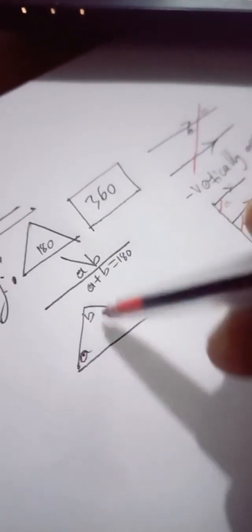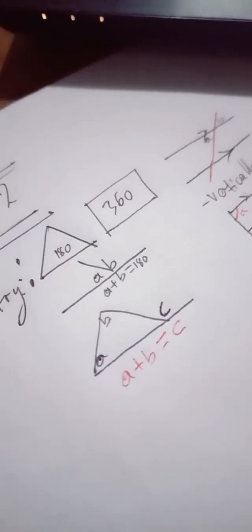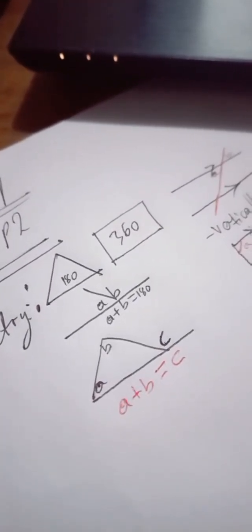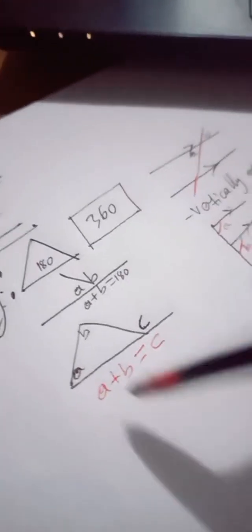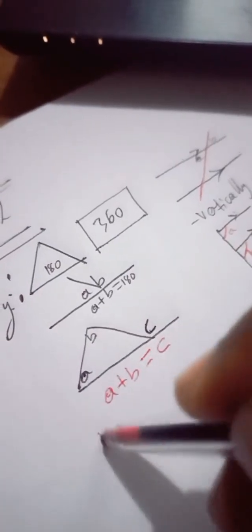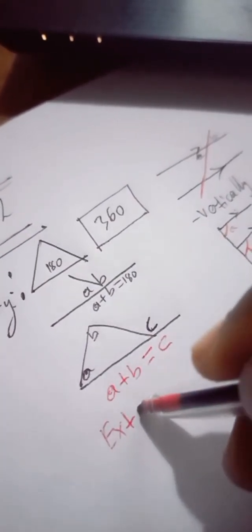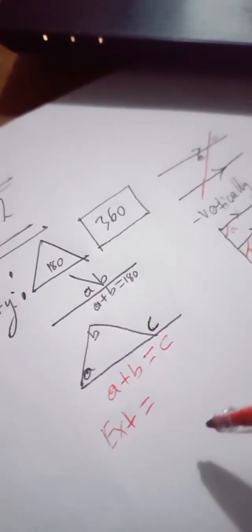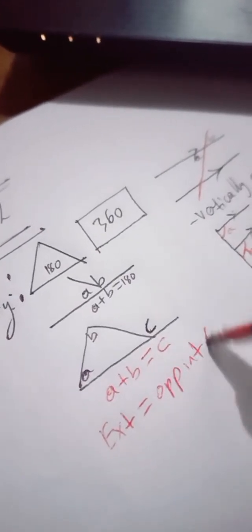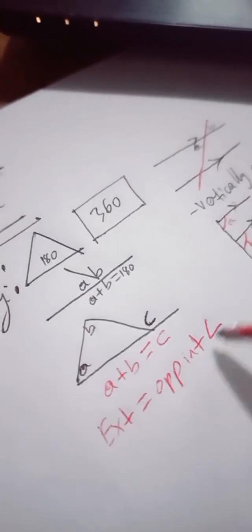So we are going to say A plus B is equal to C. We are literally saying exterior angle C is equal to the sum of the opposite interior angles.